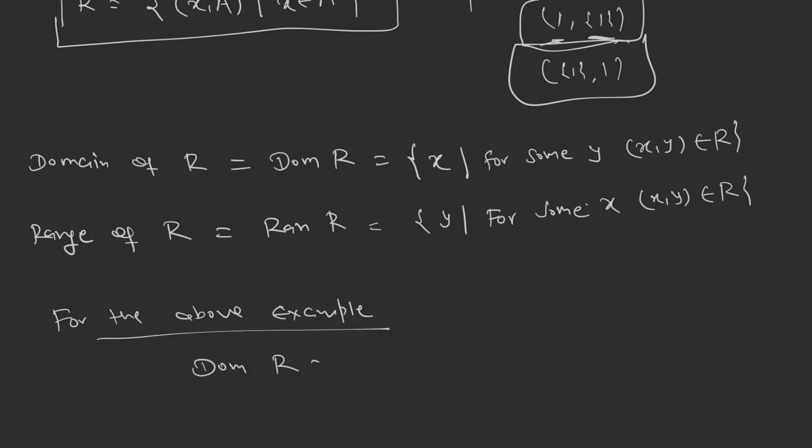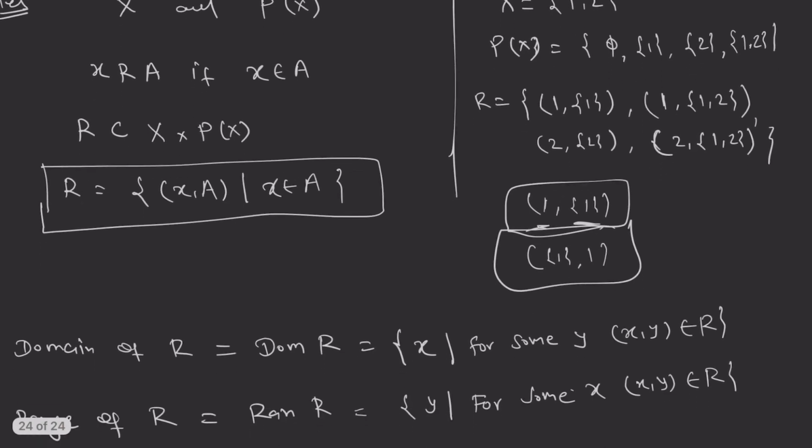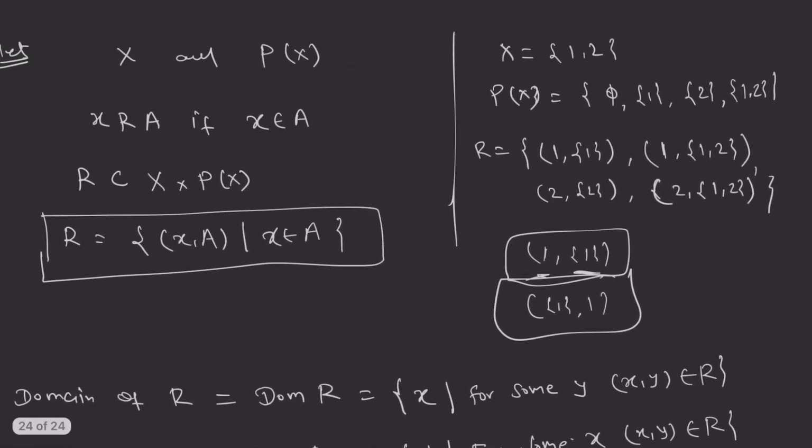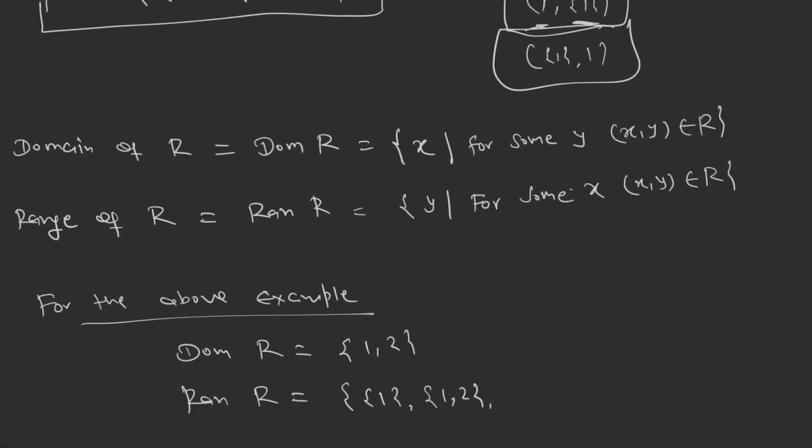ठीक है, सो फॉर द अबव एग्जांपल, domain of R equal to {1, 2} and what will be the range of R. Okay, सुनिए कि हमको वो y ढूंढ रहे हैं जो (x, y) R में बिलोंग कर रहा हो. ठीक है, so here you can see that (1, {1}) belongs to R, so this will belong to the range, and this will also belong to the range. Okay, so here you can see singleton {1}, {1, 2}, and {2} also belong to the range.